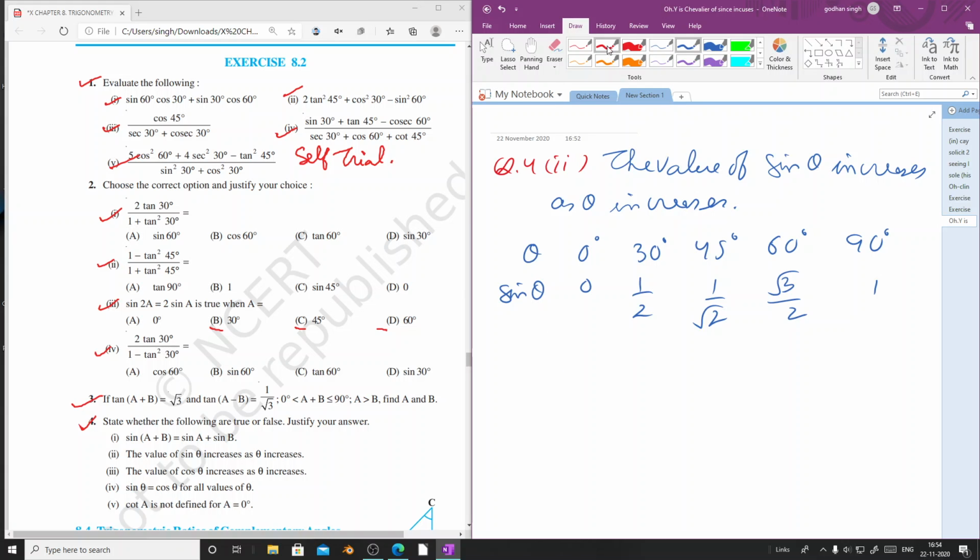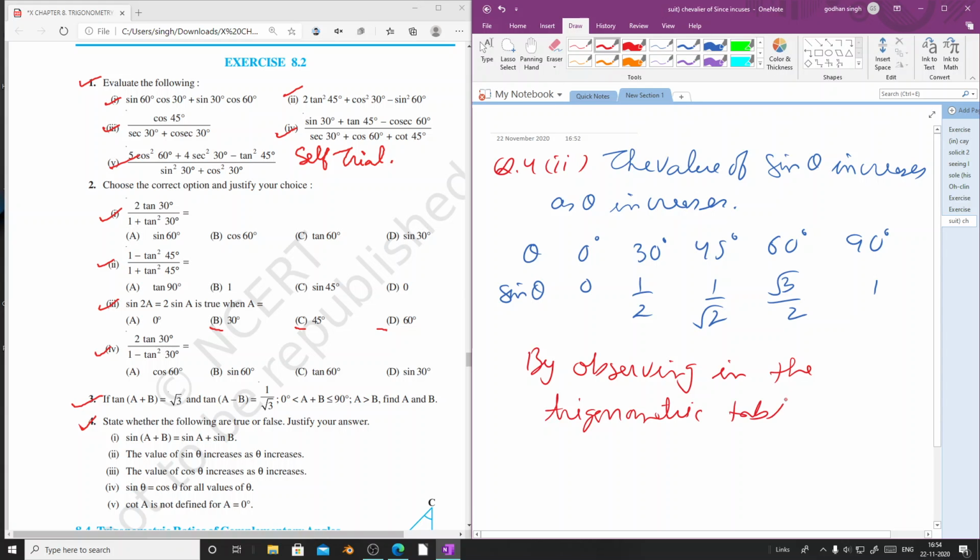So we can write here, by observing the trigonometric table, we conclude that as theta increases, sine theta also increases.